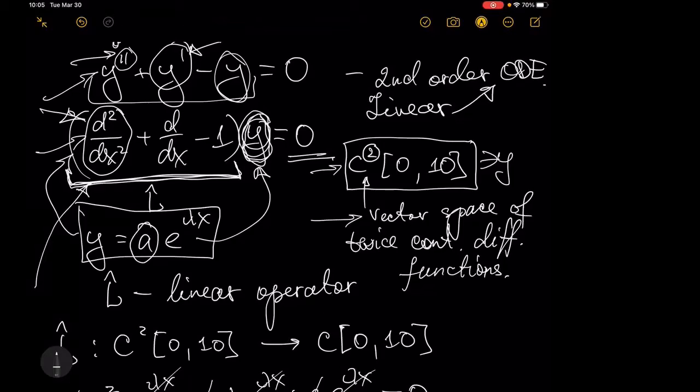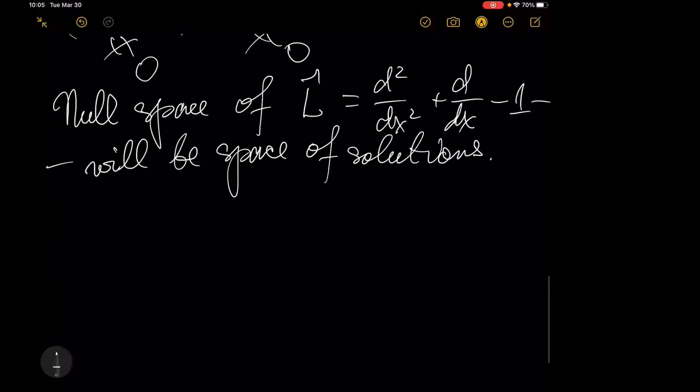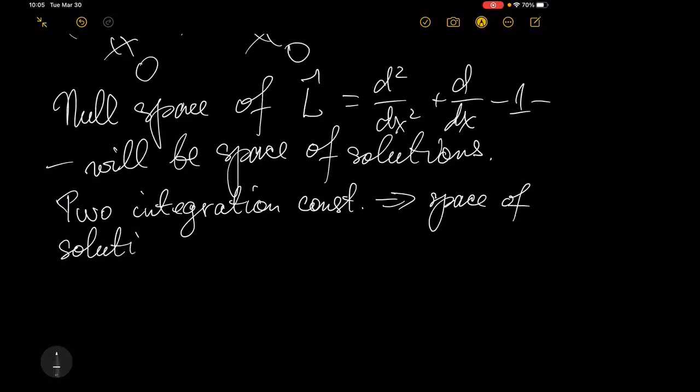Two integration constants means that the space of solutions is two-dimensional.